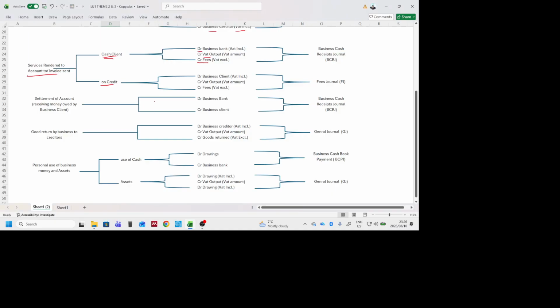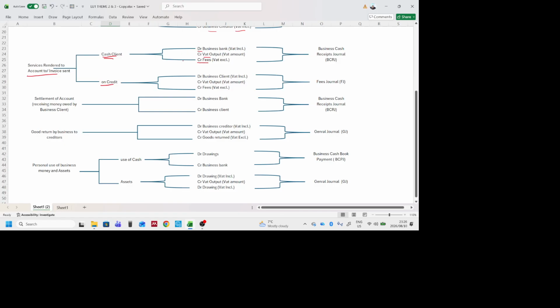And then the client will settle the amount by paying us directly into our business bank account, either by giving us cash, which we're going to deposit in the business bank account, or through EFT, or through a debit card payment, which means that money will be received immediately in our business bank account. Because money is being received, we debit business bank to indicate that the money is being received. This money will include VAT.